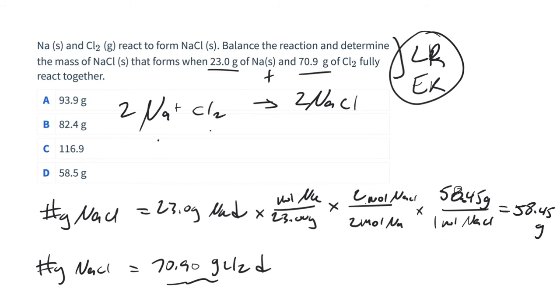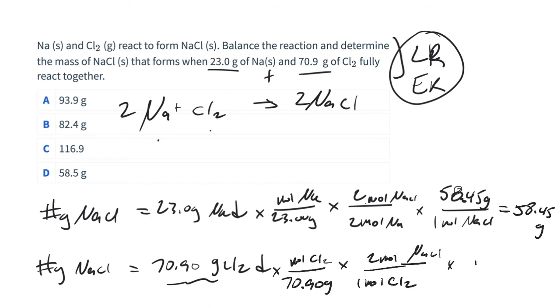So then if we consume all the chlorine, chlorine's 35.45 times 2, so it's about 70.90 grams per mole. But in the reaction, 1 mole of chlorine, when it reacts, produces 2 moles of NaCl. And then the molar mass of NaCl is the same, 58.45 grams per mole.